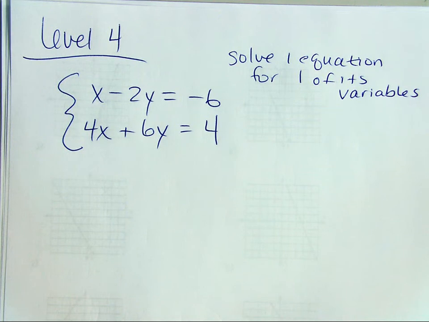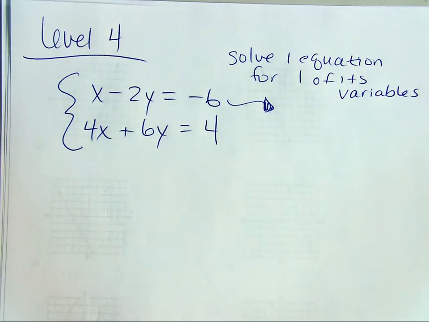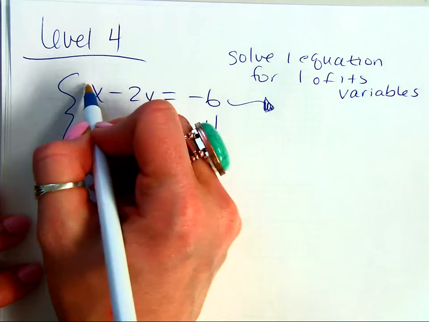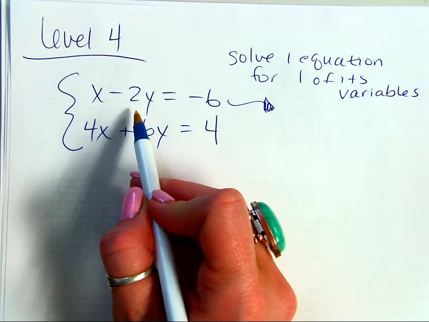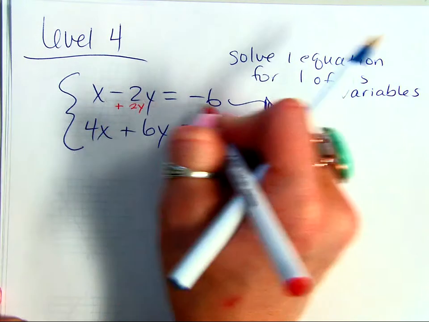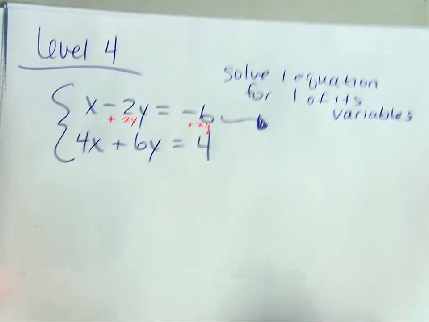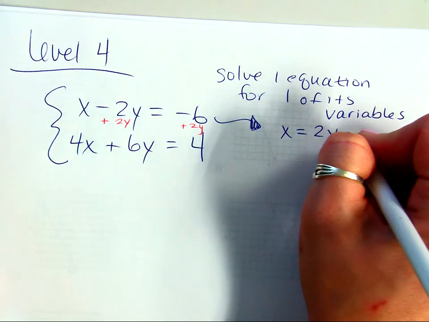Pick an equation, pick a variable, and solve it for that variable that you chose. And you need to train your mind to find which one's easier. This one looks pretty good because all I have to do is add 2y to both sides, right? So I'm just going to do this right here real quick. Add 2y. And that's going to give me x equals a positive 2y minus 6.